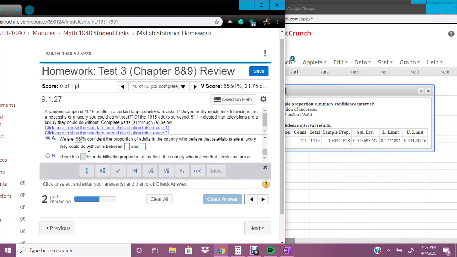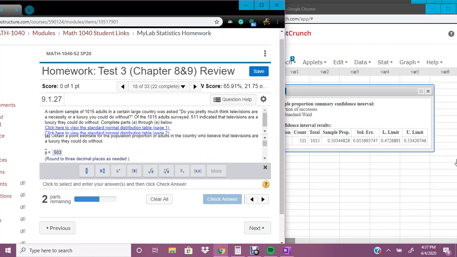And then these upper and lower limits, basically what we're saying when we're finding these is that we are 95% confident that the proportion of adults is within these two. And so this proportion that we found up here should be right smack dab in the middle of the upper and lower limits.